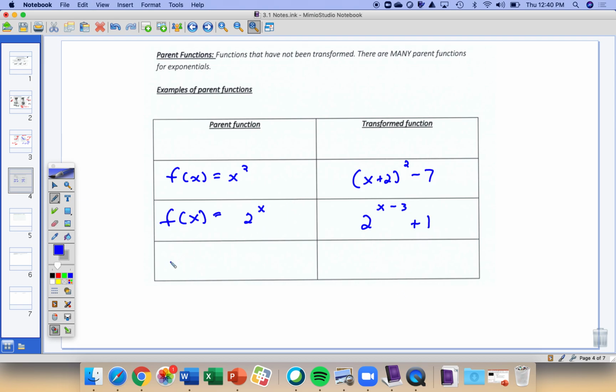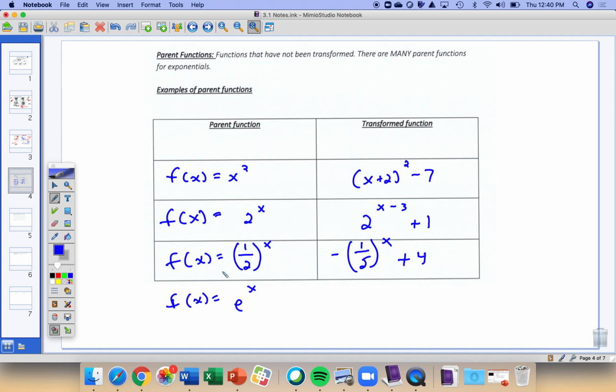This is also a parent function. This is the parent function transformed. So the parent function is just the most simplified part of the function. The most simplified exponential, the most simplified quadratic, and then the transformed function is what I'm transforming from the parents. Okay, so e to the x is also a parent function because it's a parent exponential function.